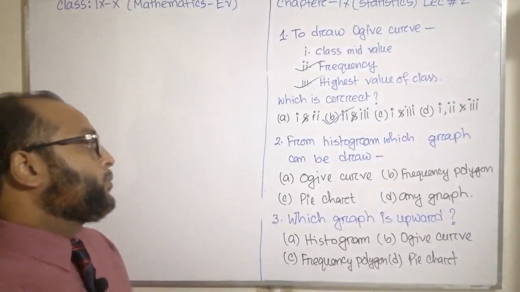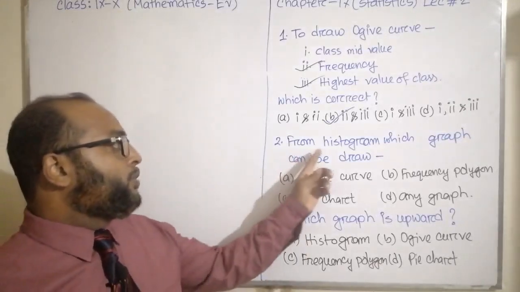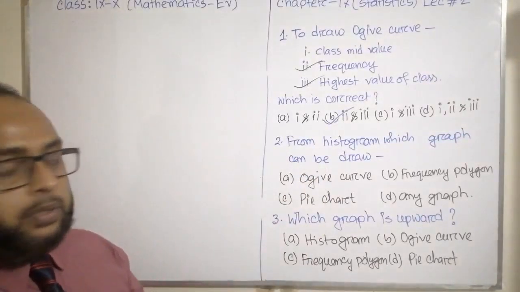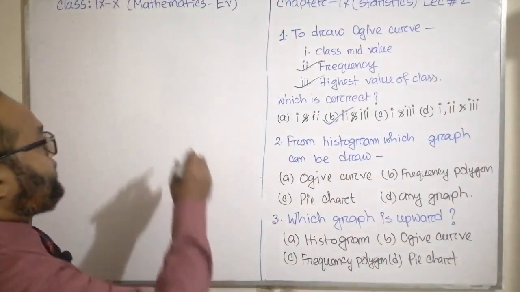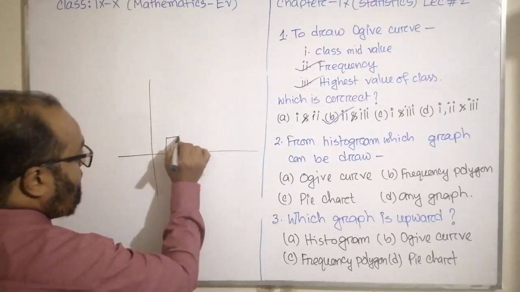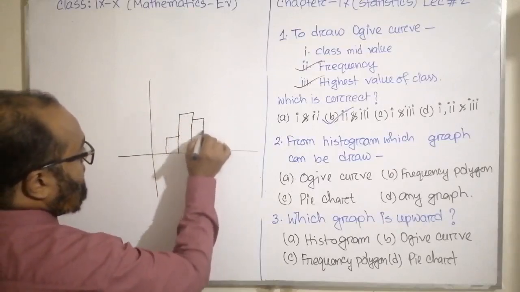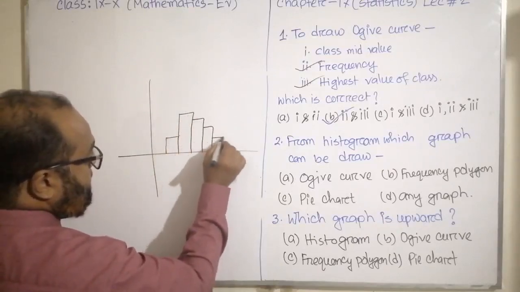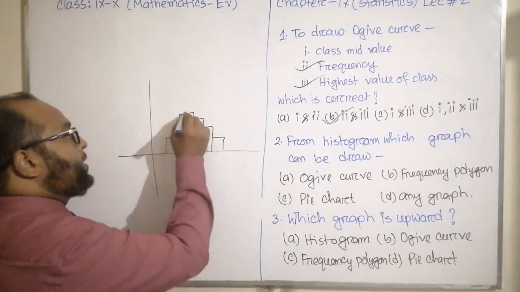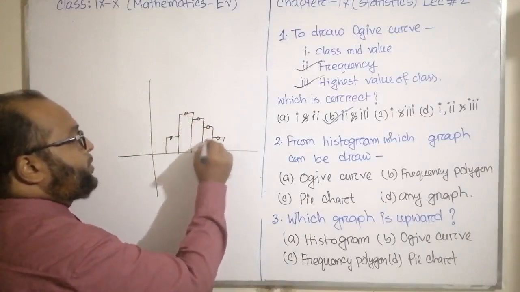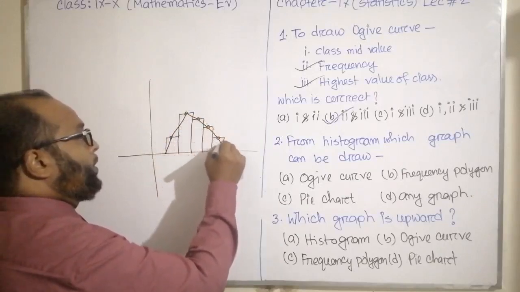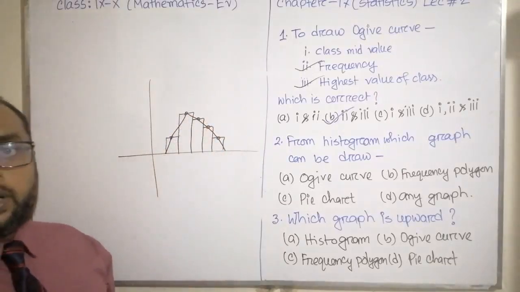Okay. Now question number 2, from a histogram which graph can be drawn? Here I shortly draw the graph of a histogram. It looks like this, and by joining the middle points of the histogram we can draw the frequency polygon.